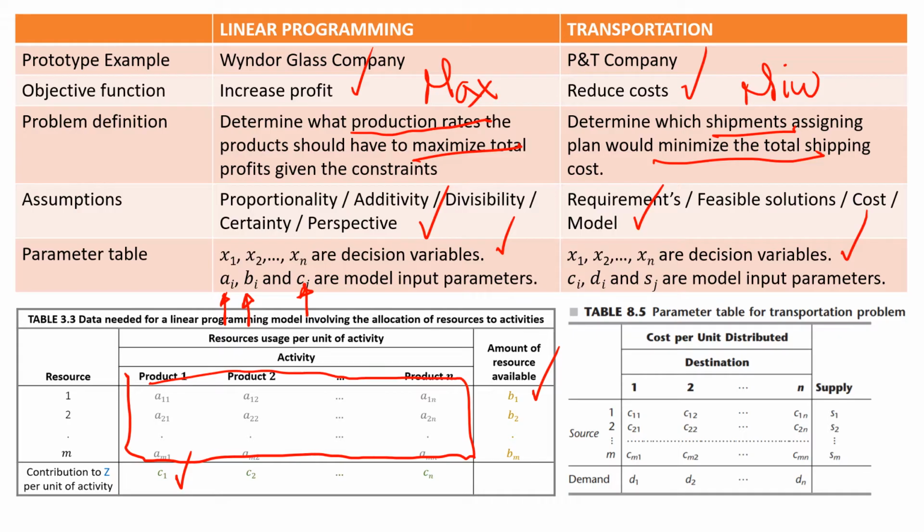While in the parameter table of the transportation problem, we're going to be using letter C, that's our unit cost, letter D, that's for our demand for each destination, and letter S, that would be my supply from each source.